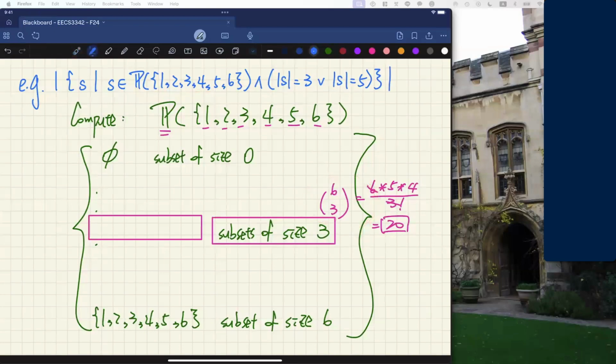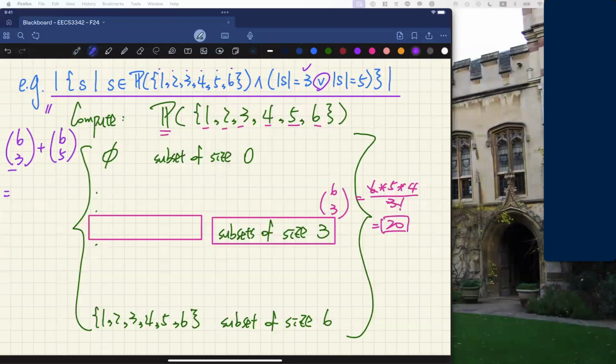So now to really compute it, the whole thing would just be equal to, now I got 6 elements there, 1, 2, 3, 4, 5, 6. Now I want to make a subset of size 3. Because it's OR, I should really add the other possibility, and also 6 choose 5. And this one we already know is going to be 20, plus 6 choose 5.